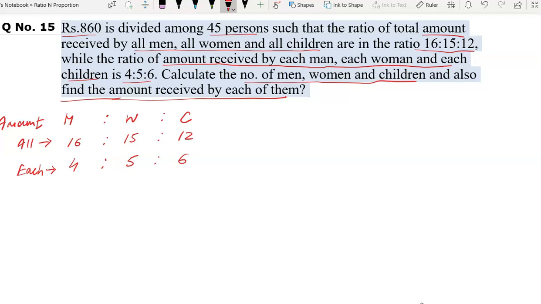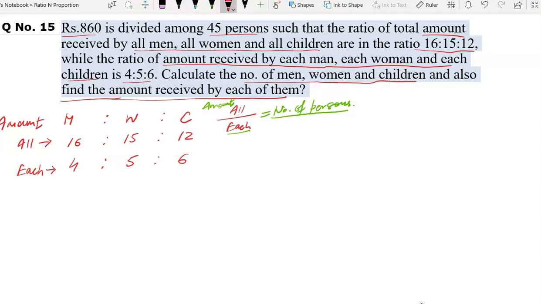Now if we divide the amount received by all by the amount received by each, what we will get? Amount received by all divided by amount received by each will give us the number of persons. Or if we say number of persons multiplied by each will give us the total amount received by all.